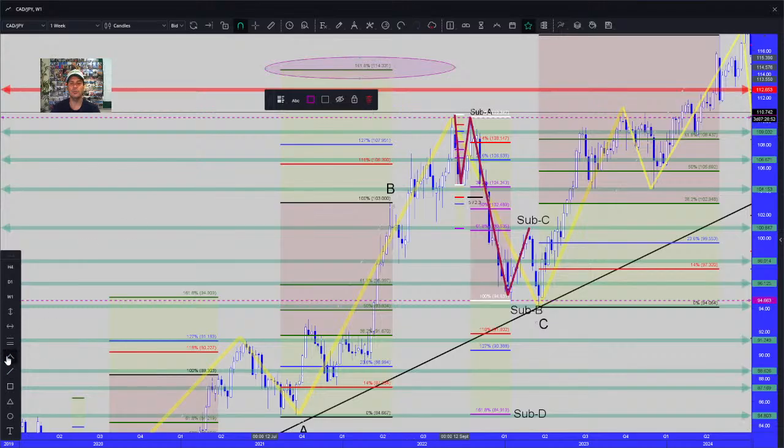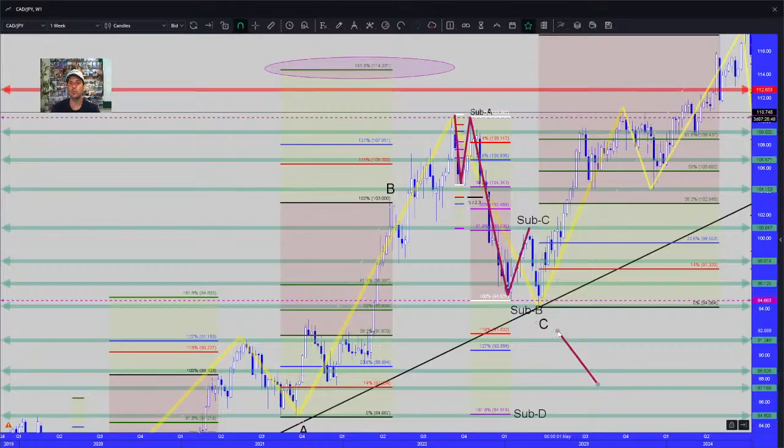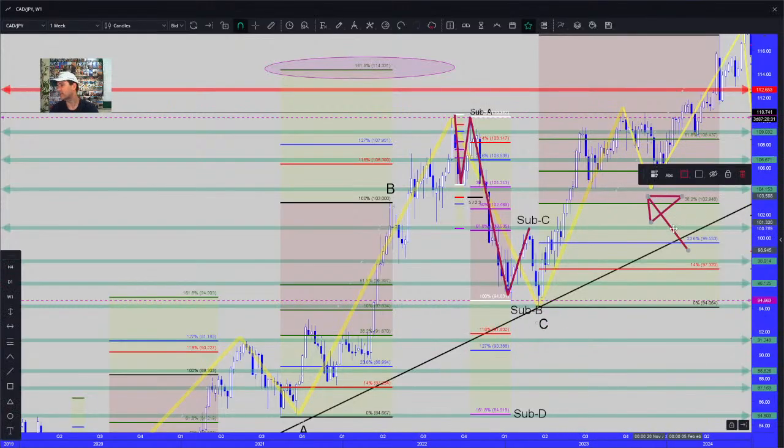Meaning you don't need necessarily to have a confirmed C to win. The market retraced to the 50% and still went up. It seems that the sub D being lower than the A is not that simple.